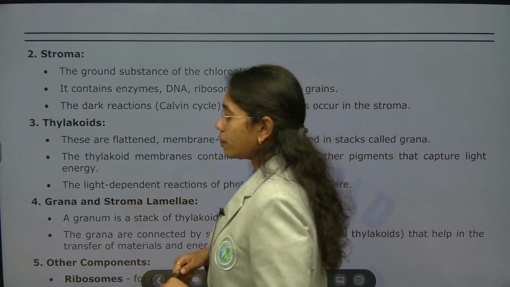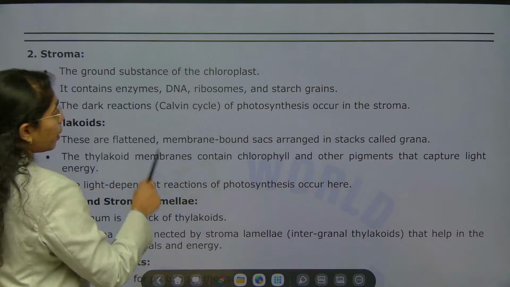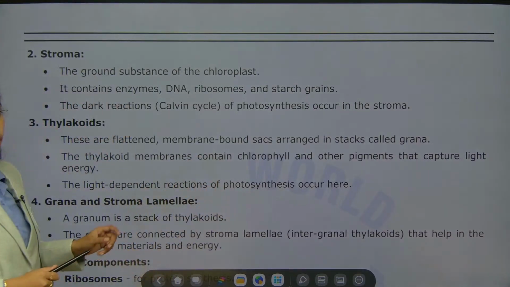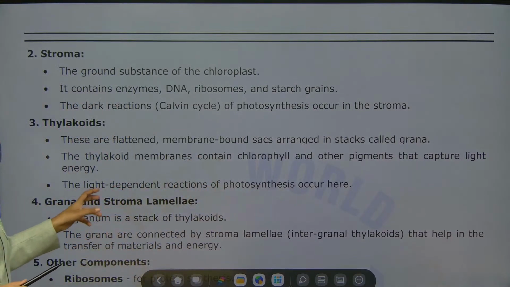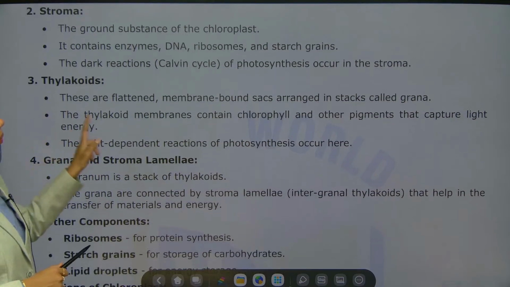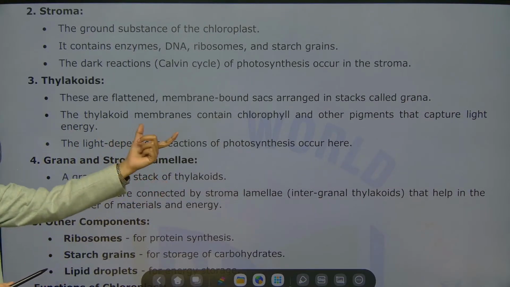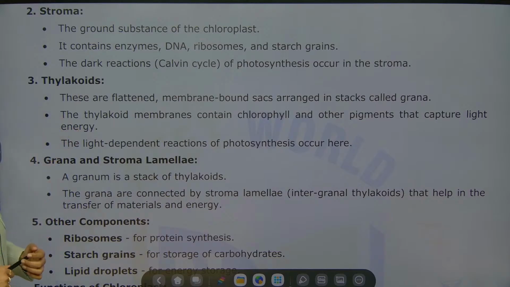Thylakoids are flattened membrane bound sac-like structures. These are present in stacks called grana. The thylakoid membranes contain chlorophyll and other pigments that capture light energy. The light dependent reactions of photosynthesis will occur here.